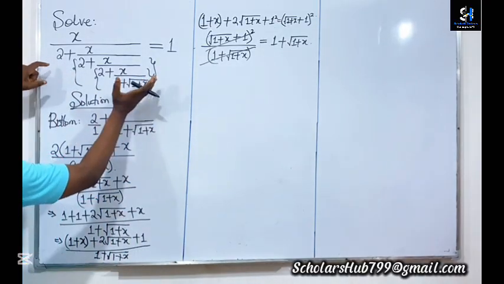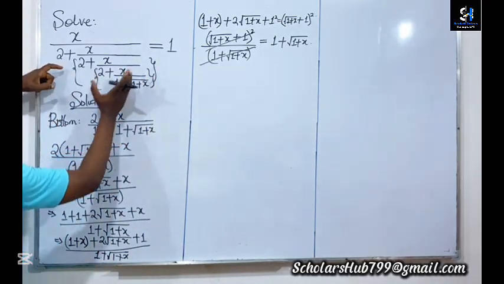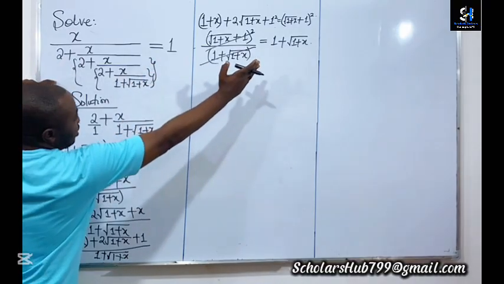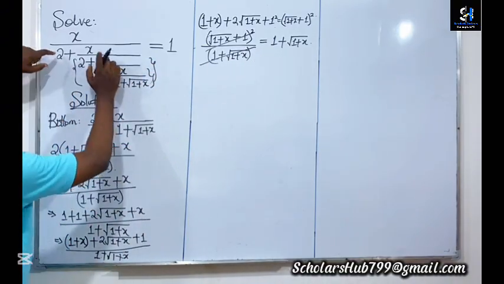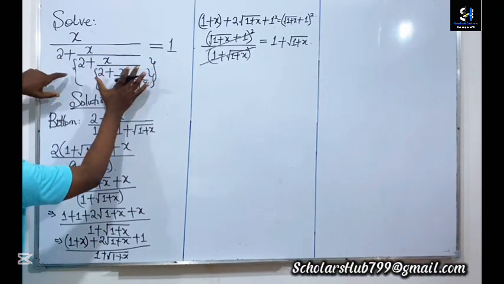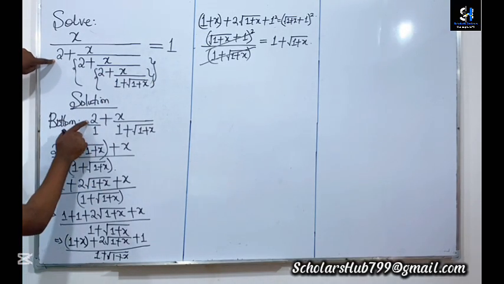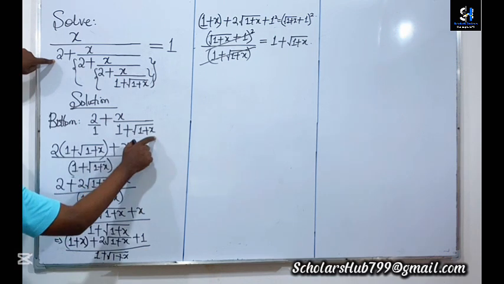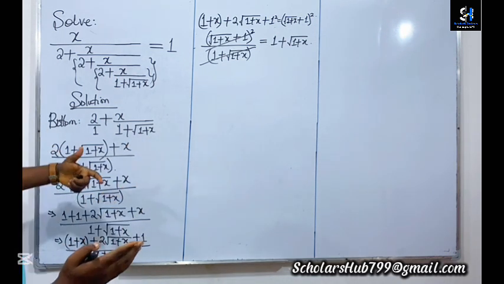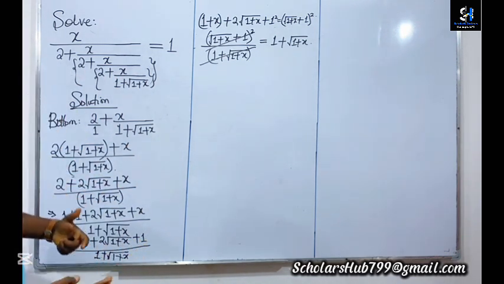When I replace this whole expression with 1 plus root 1 plus x under x here, I'm still going to get the same bottom expression. We need to observe that as far as this expression is concerned.